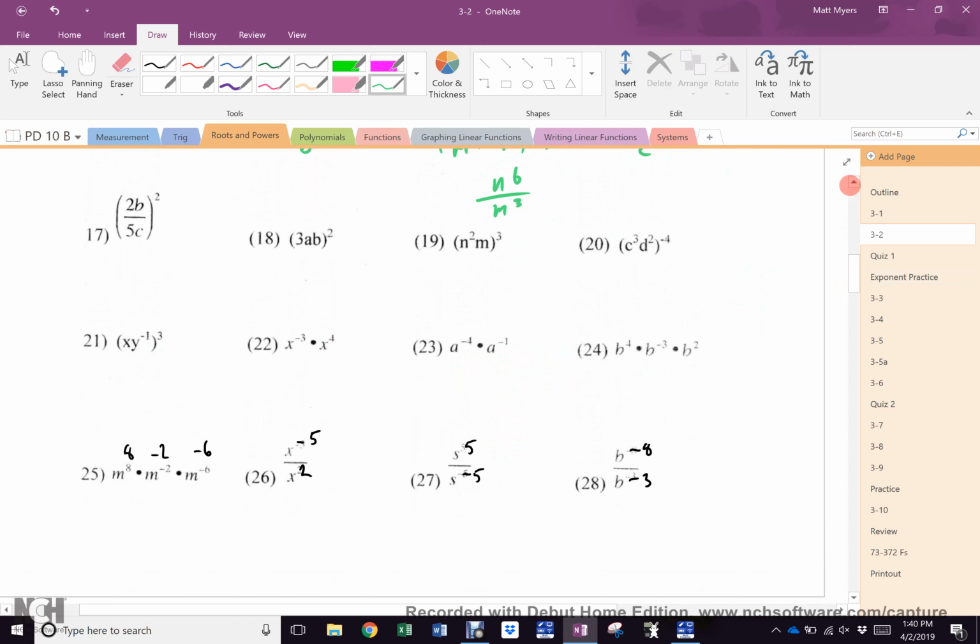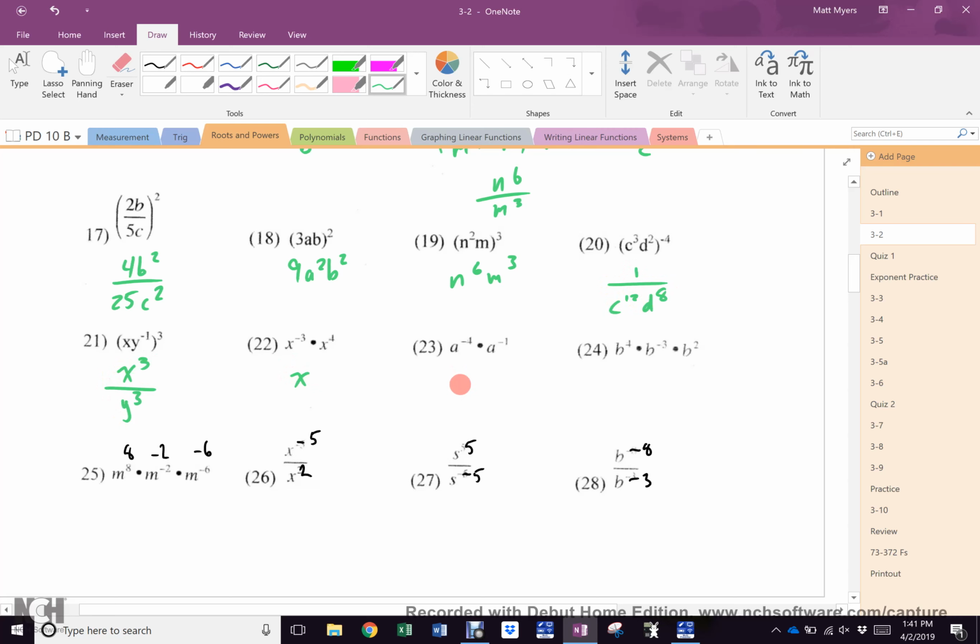17. Kids do wrong all the time. What's the base? 2b. 2b is squared. So it is 4b squared over 25c squared. 9a squared b squared. N to the 6th m cubed. 1 over c to the 12th d to the 8th. X cubed over y cubed.